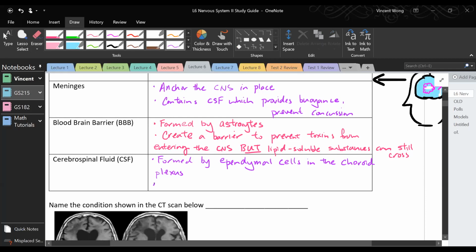Some functions of the CSF, right? Distribute nutrients and remove metabolic wastes. It also helps circulate neurotransmitters, and remove excess neurotransmitter as well.